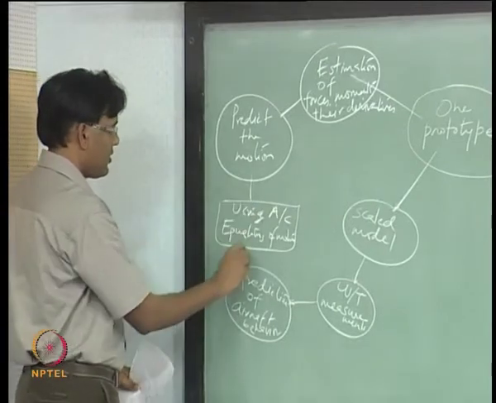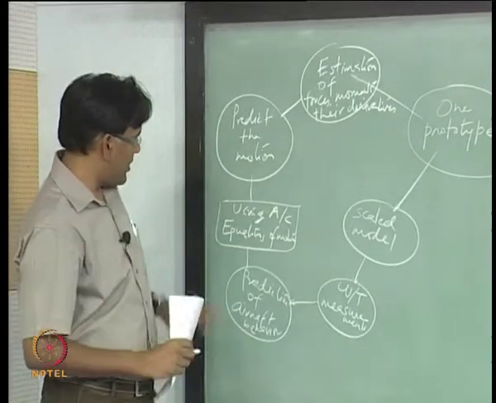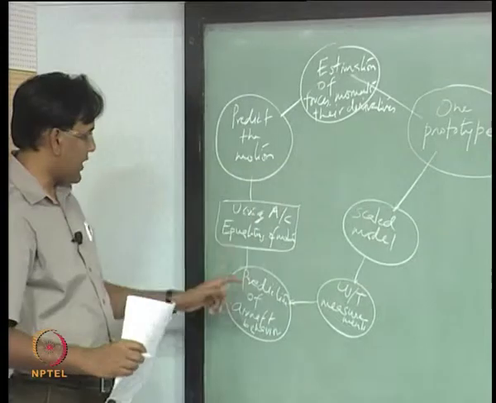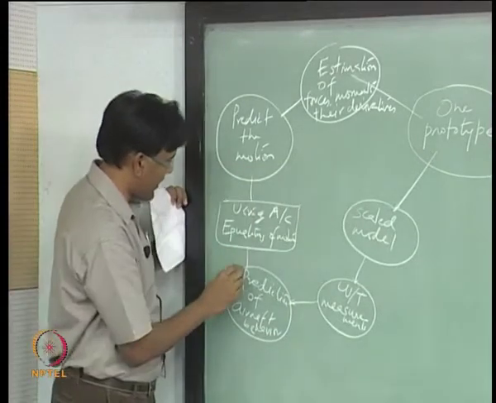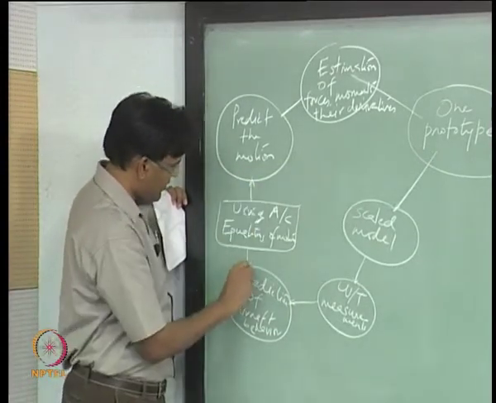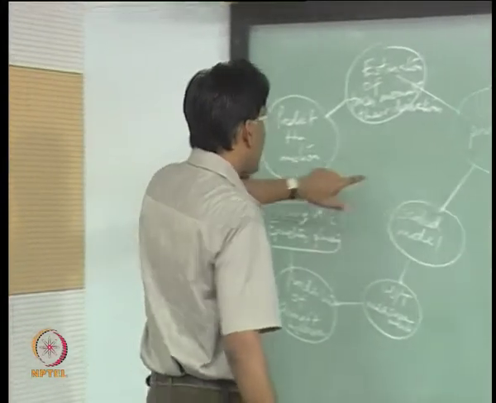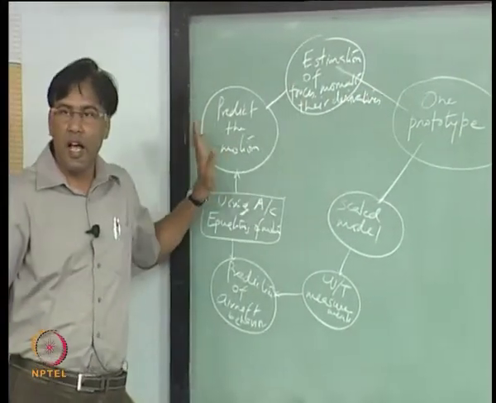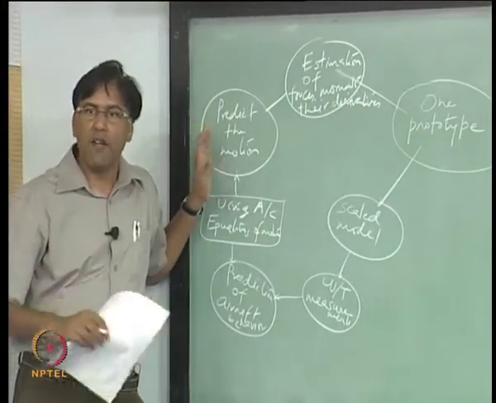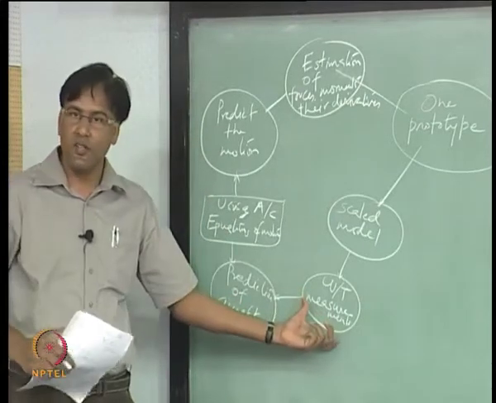Of course, they are not connected like this, but both are using the same set of equations. Now, if I have gone through this route, then I have a choice, because I have not done this expensive wind tunnel testing.